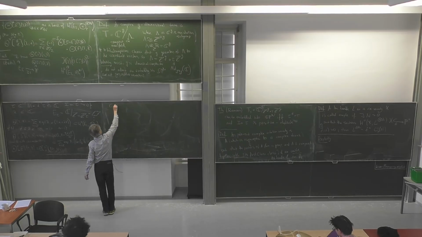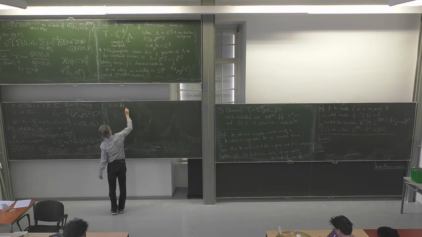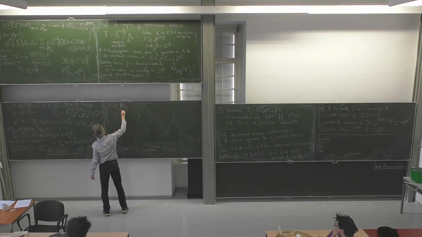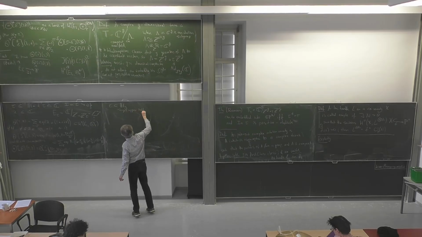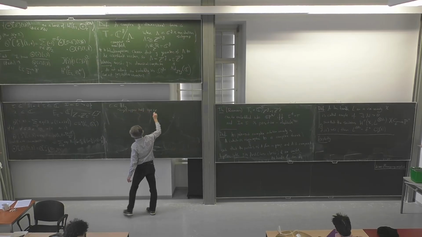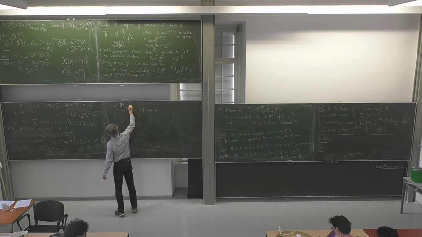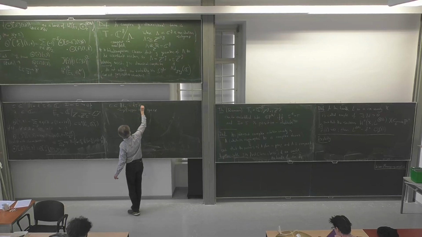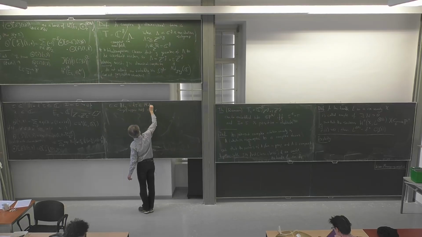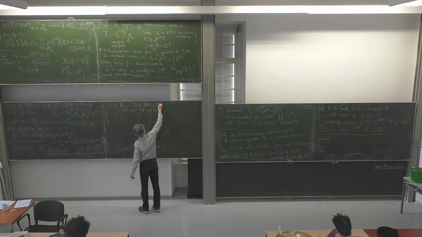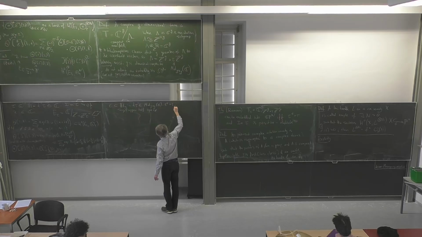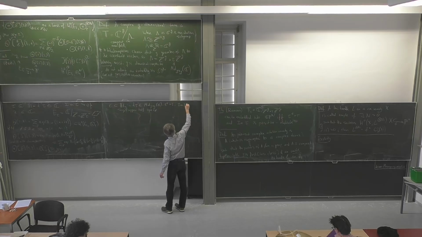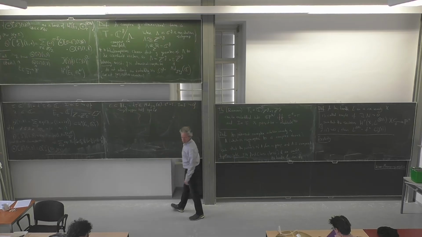Tau will lie in the so-called Siegel upper half space, which is the set of tau, which are G by G complex matrices that are symmetric and such that the imaginary part is positive definite.